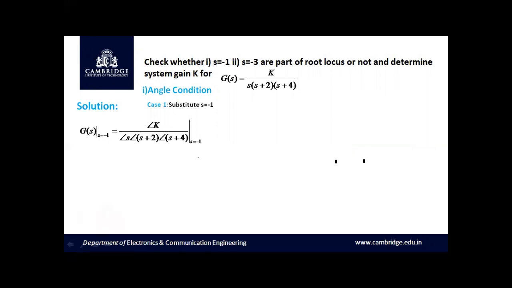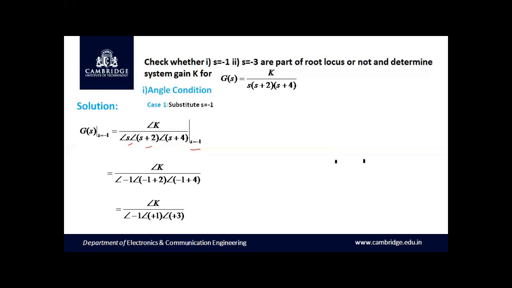Let us substitute s equal to minus 1 in this expression. Hence I get angle of K divided by angle of minus 1 into angle of minus 1 plus 2 into angle of minus 1 plus 4. Hence I get angle of K divided by angle of minus 1 into angle of plus 1 into angle of plus 3.